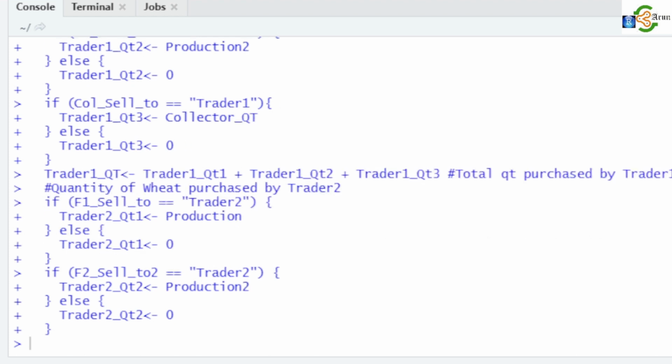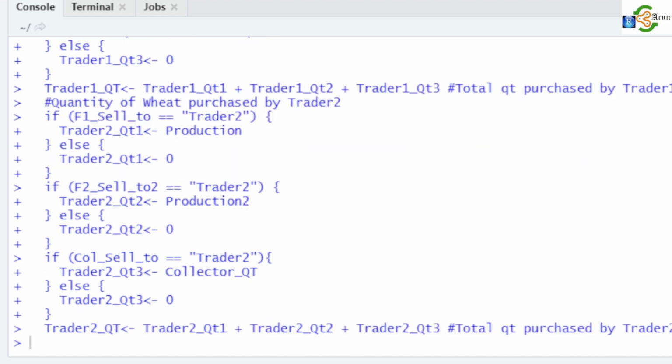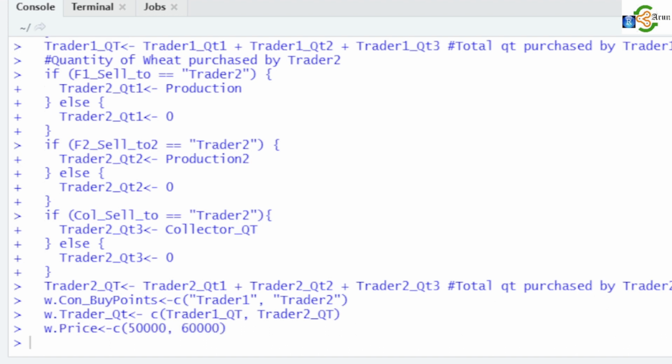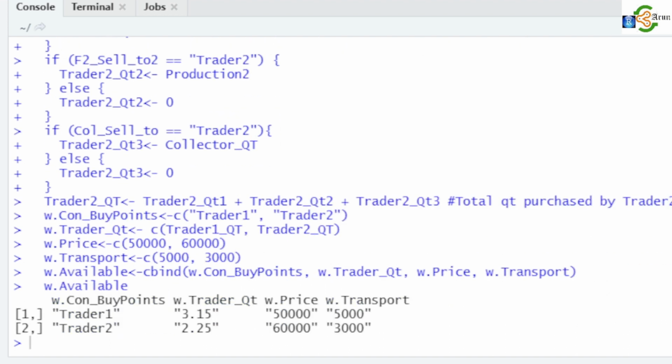You can see here a lot of coding. Then I will produce this table. Finally, you can see here for the wheat, the consumer has two choices, trader 1 and trader 2, and the quantity available is 3.15 metric ton for trader 1 and 2.25 metric ton for trader 2, and the associated price is 50,000 and 60,000 per metric ton, and the associated transportation cost is 5,000 and 3,000 per metric ton.